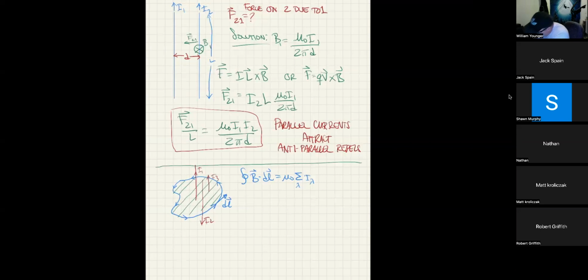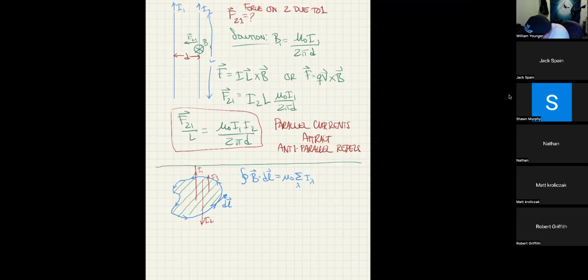In this case, it would be I1 plus I2 minus I3, because it has to obey a right-hand rule, meaning if you point your right thumb in the direction of the current, your fingers should be curling around it in the same direction that these arrows are going. You can see that's true for I1 and I3, which I wrote backwards.